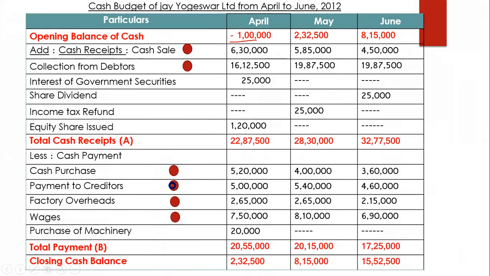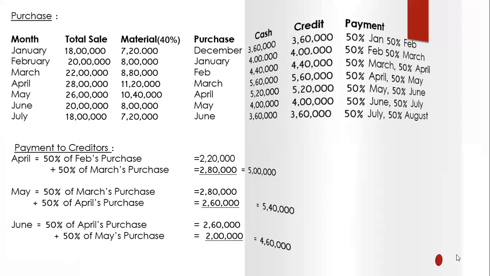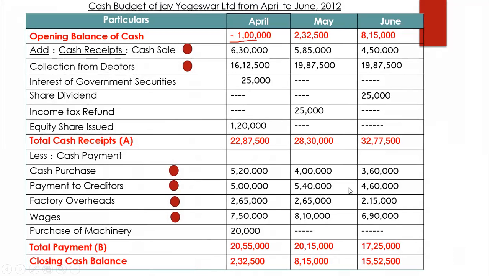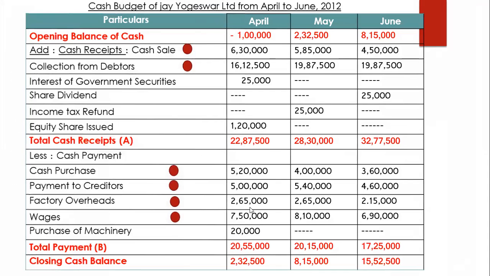Payment to creditors, we have already calculated: 5 lakh, 5,40,000, and 4,60,000. Factory overheads, we have already calculated, that is 2,65,000, 2,65,000, and 2,15,000.